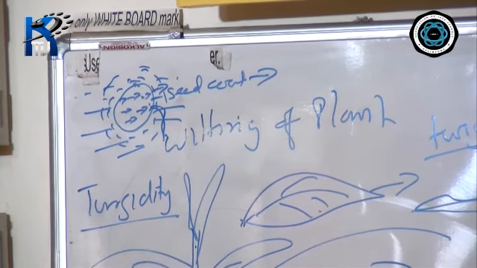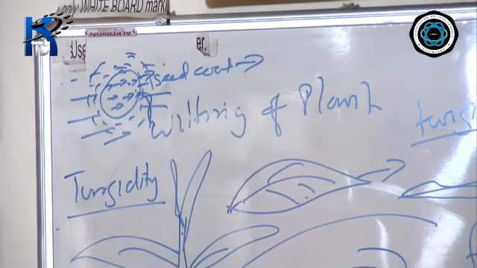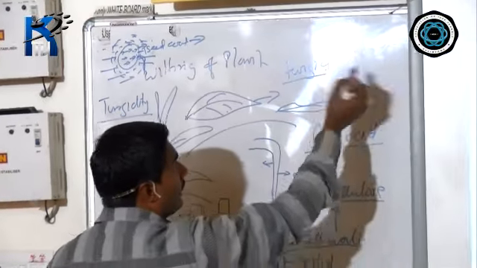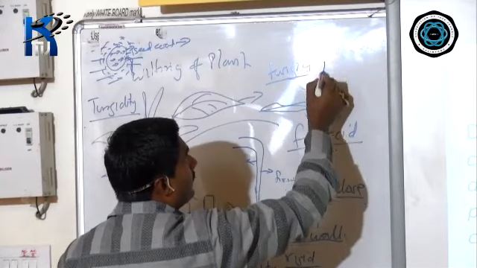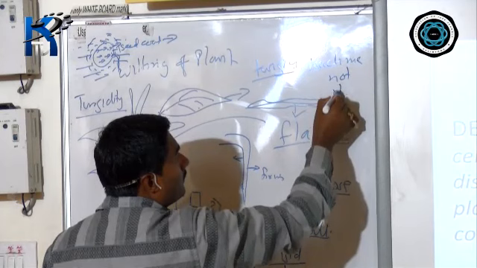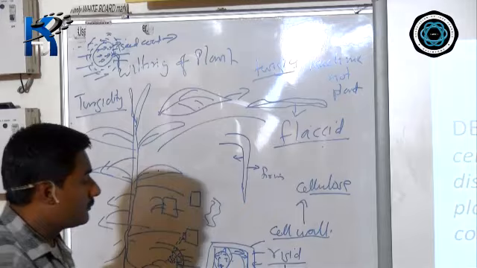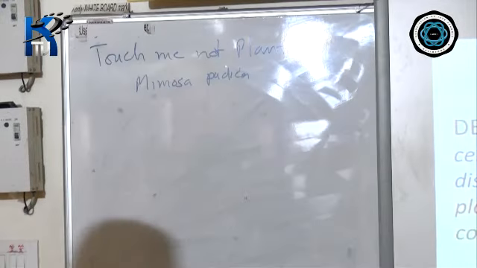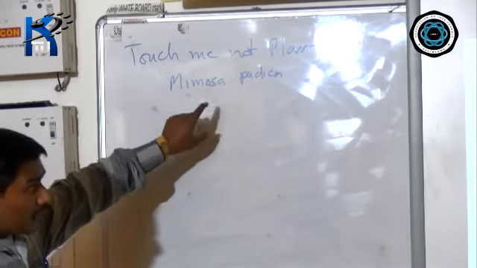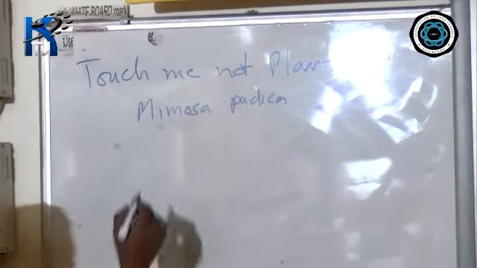At the same time, you will also come across plants like the touch me not plant, that is Mimosa pudica, as an application of turgidity.